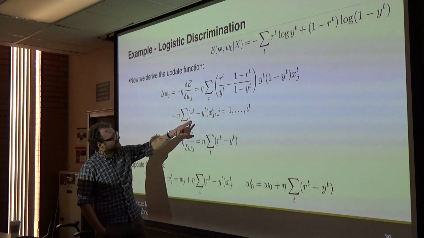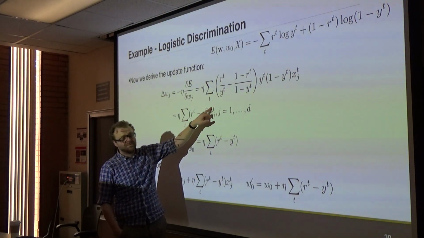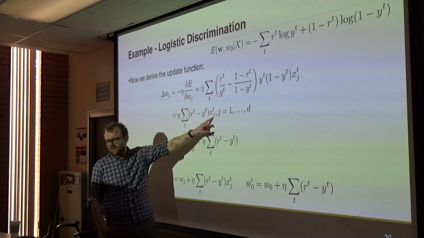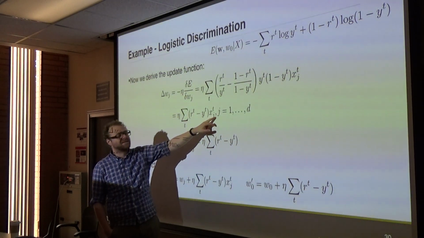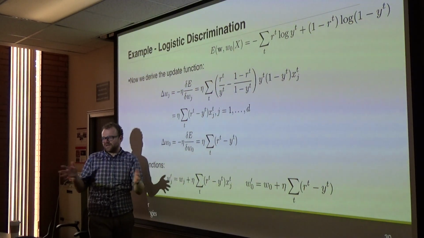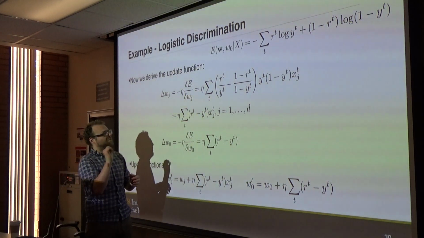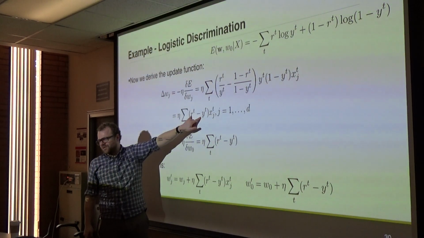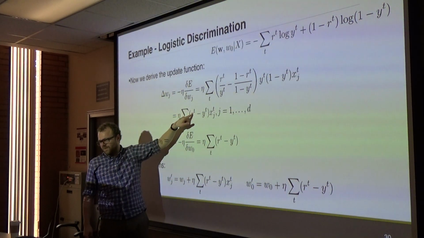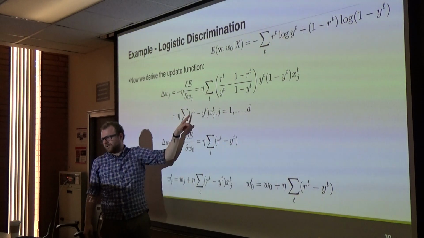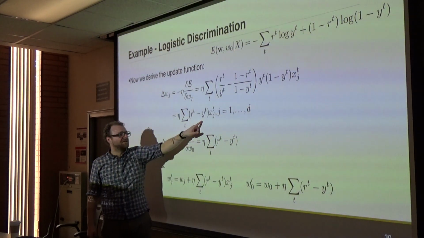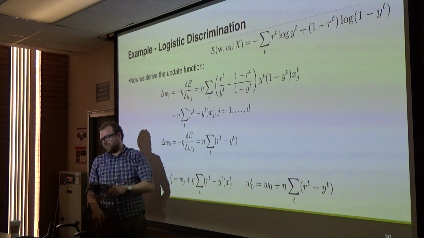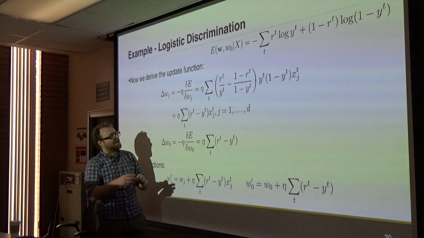What we see is that all the inputs depending on other indices, for all i's that are not equal to j, fall away. So we only use one input dimension for the update. For each of those input dimensions we look at whether the predicted output is equal to or different from the output we want. r is what we want, and y is what we predict.